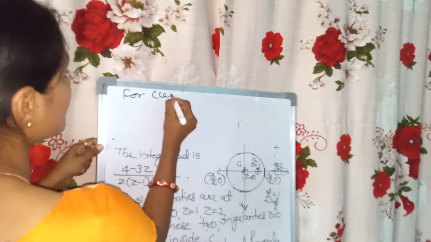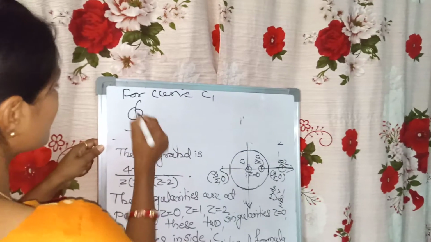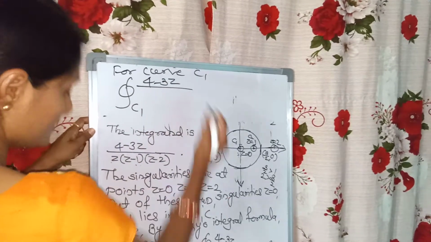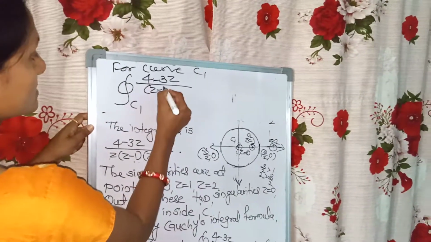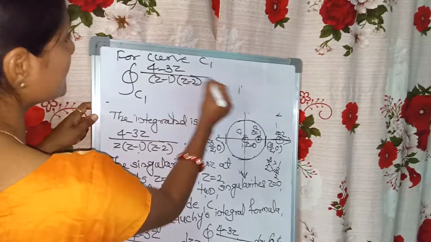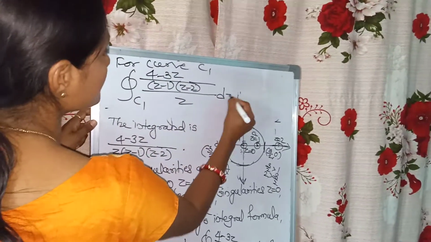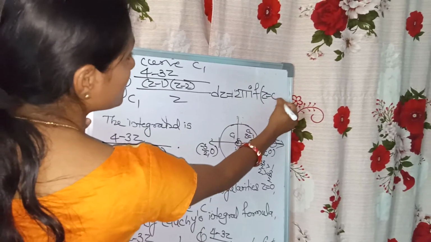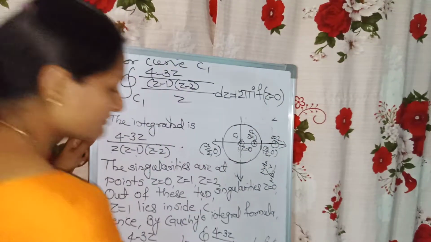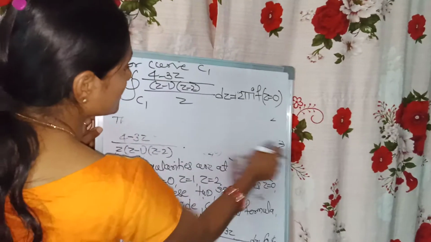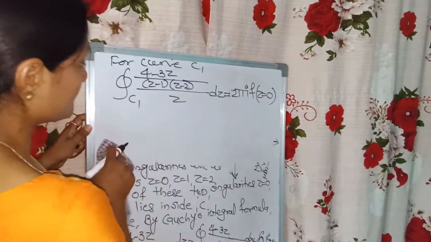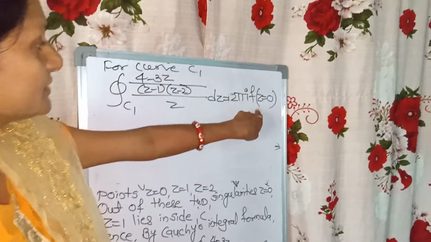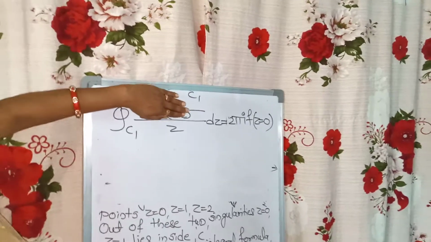For curve C1, the integral over curve C1 of (4 minus 3z) by (z minus 1)(z minus 2) divided by z, dz, this value will be 2 pi i f of z at z equal to 0. f of z here is nothing but the total numerator part.